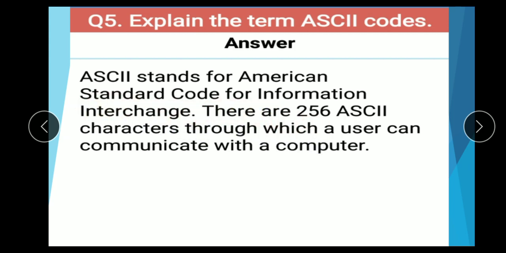There are 256 ASCII characters through which a user can communicate with a computer. Means when you write A, the computer converts A into an ASCII code and understands what is written by the user.